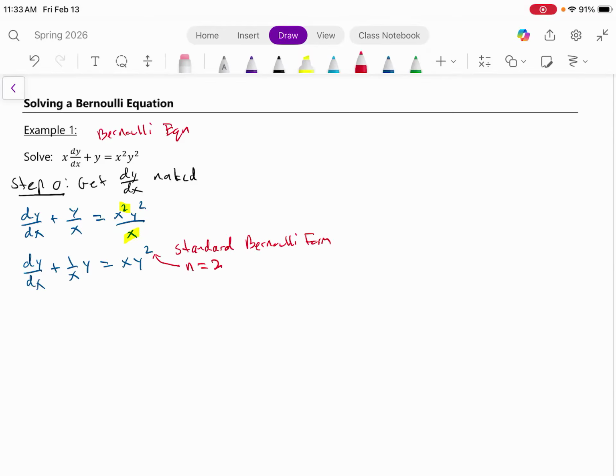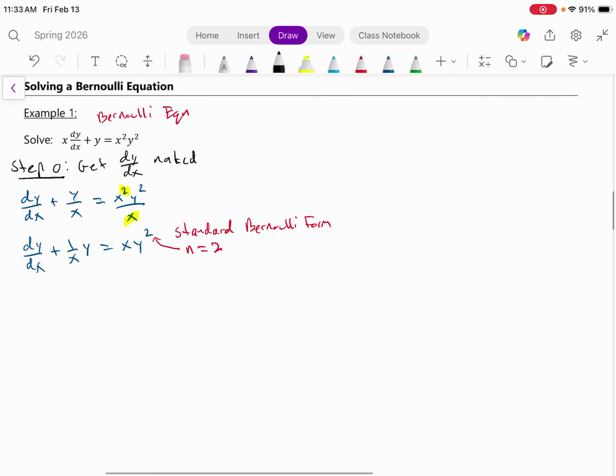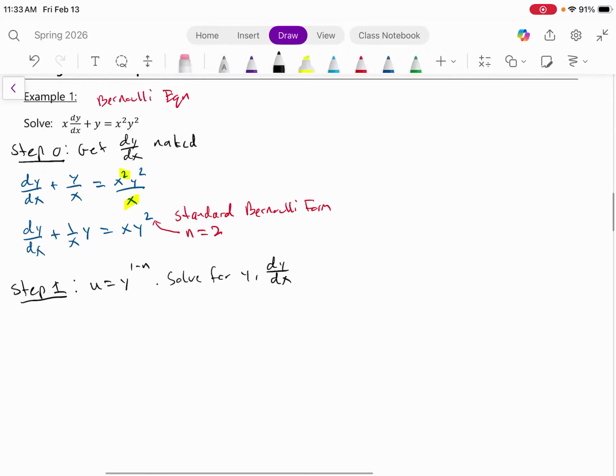Okay, so let's go ahead and keep moving along the line. So step 1 is where we start setting up for our substitution. So here I'll say step 1 is when we set u equal to y to the 1 minus n, and we want to solve for y and our derivative dy over dx. Okay, so we know n equals 2, so let's go ahead and check that out.